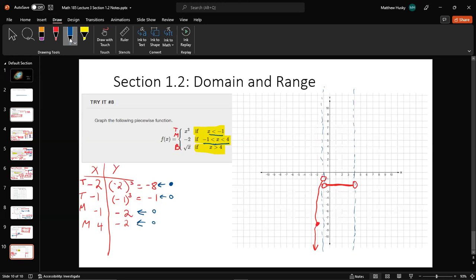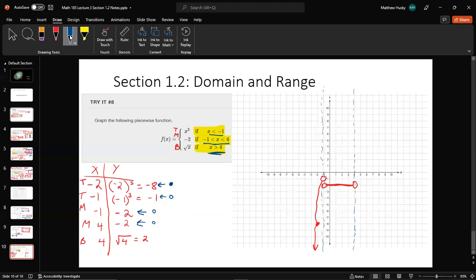And then lastly, for the bottom, I do the square root of x. So I'm going to do 4 again, this time using the bottom equation. That would be the square root of 4, which is equal to 2. And again, this is a greater than symbol.